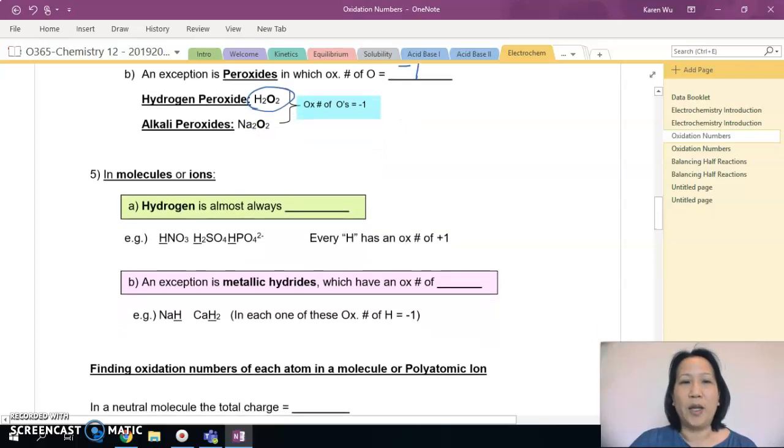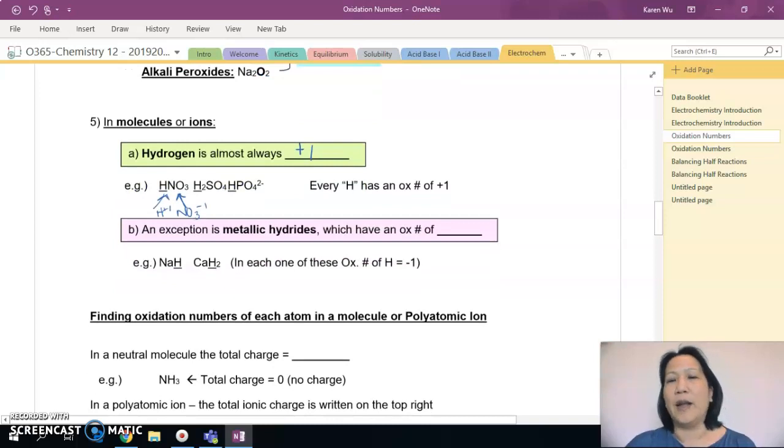Let's keep going. You know hydrogens are +1. So, for example, nitric acid: the H in the front is a +1, and then the nitrate is NO3, -1, and crisscross the formula, and that's how we get HNO3. So hydrogen is +1, you know that. Oh, wait, now we get to the exception.